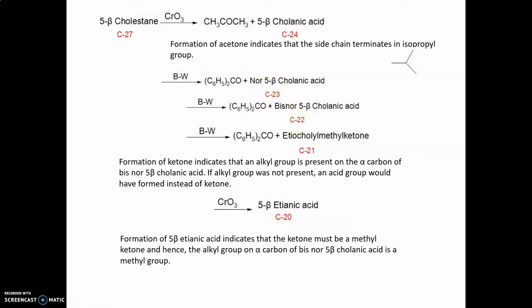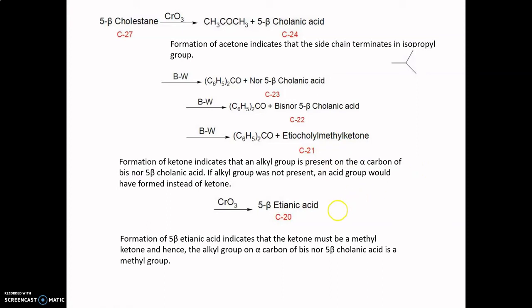This bis-nor 5-beta cholanic acid is again subjected to Barbier-Wieland degradation. We lose one more carbon atom and you get etiocholyl methyl ketone, a 21 carbon compound. Now, formation of this ketone indicates that an alkyl group is present on the alpha carbon of bis-nor 5-beta cholanic acid.